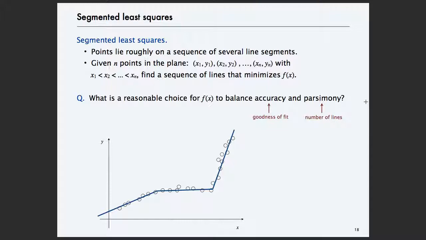Now, what they are proposing, and where we use dynamic programming, is: how about I think of it as a sequence of lines? And what would be the meaning of this? You have processes that are more or less linear, and then you have big changes.